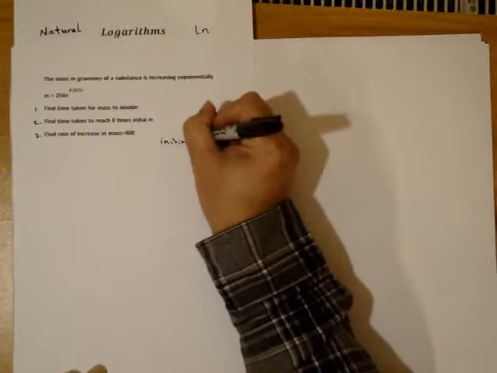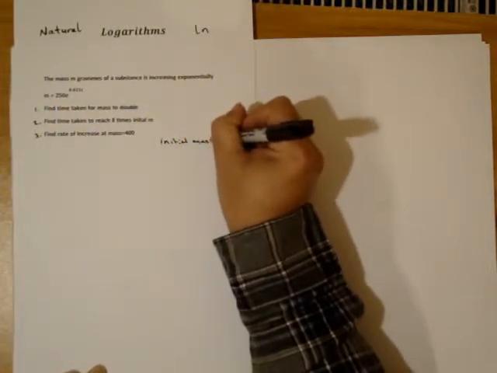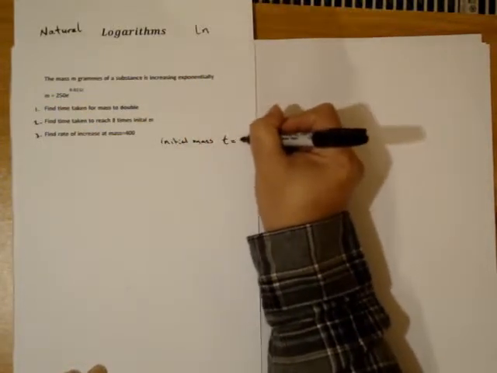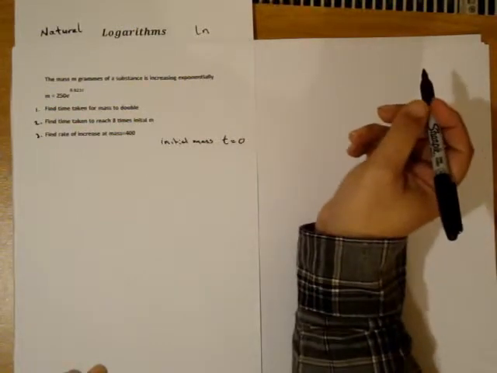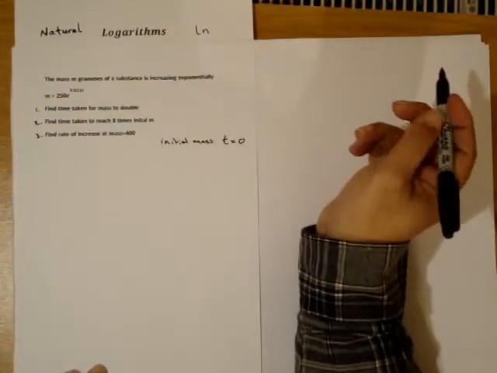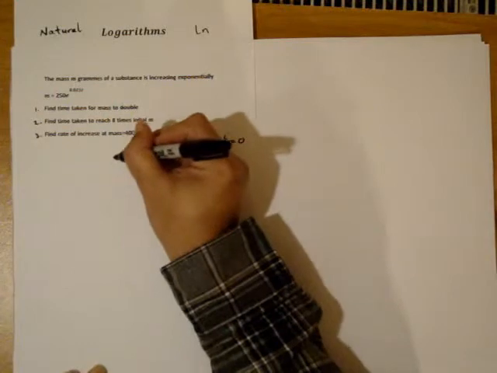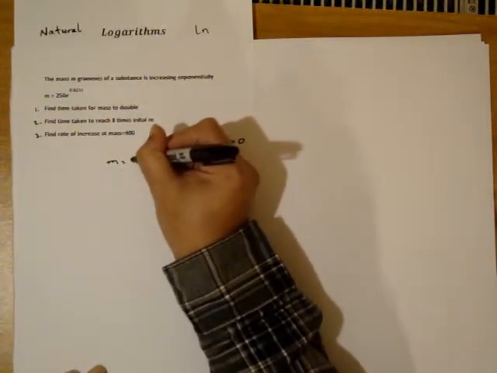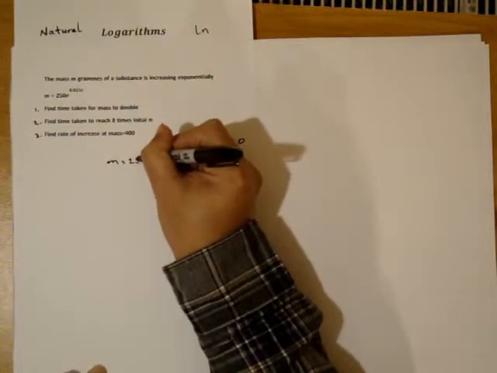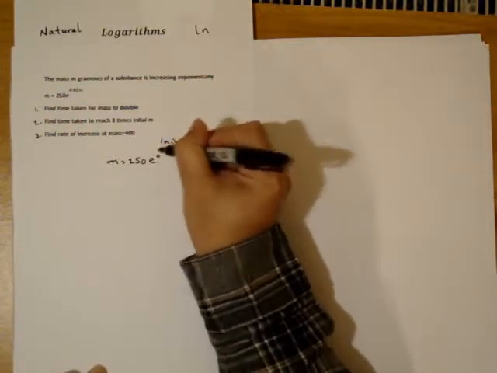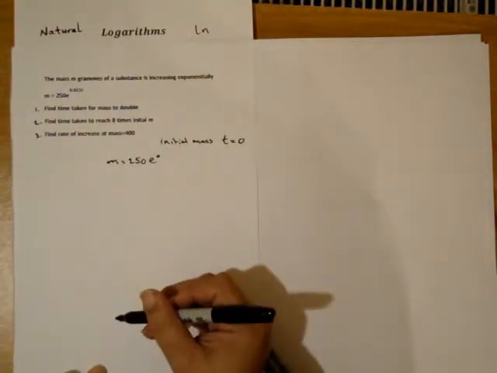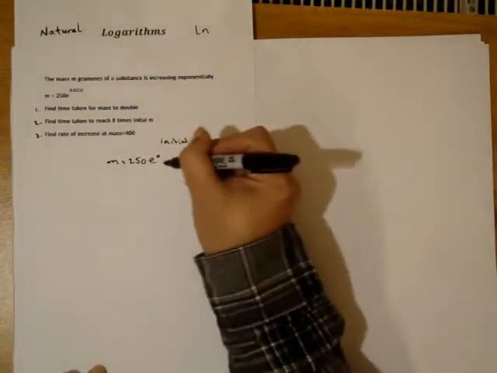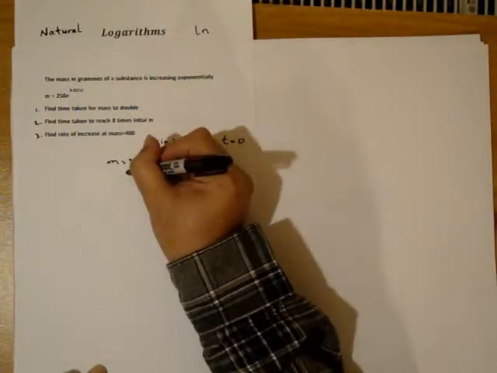So the initial mass is at time equals 0. So when t equals 0, the mass equals 250 e to the 0, so that means it equals 250. So that's the initial mass.